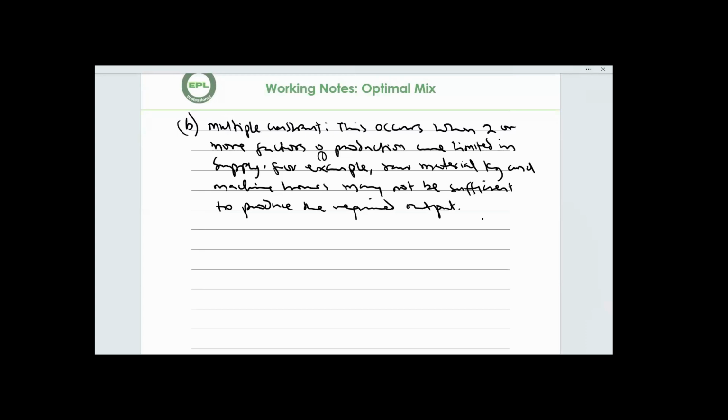So when this happens, we say it's a multiple constraint.